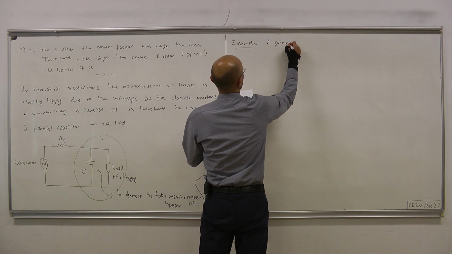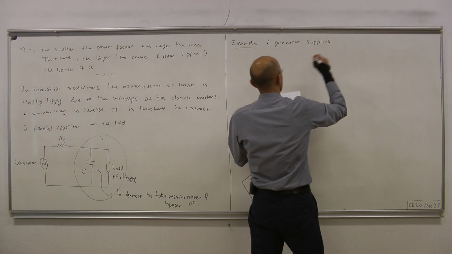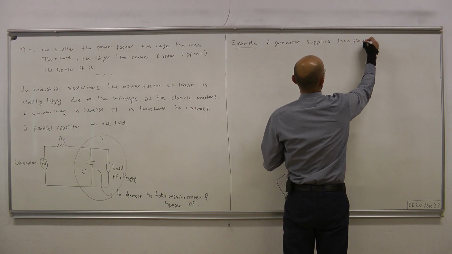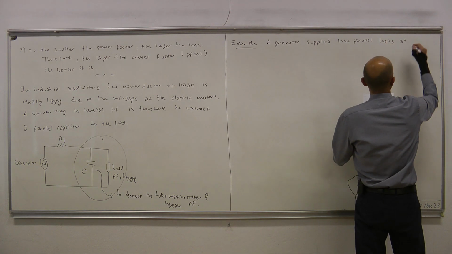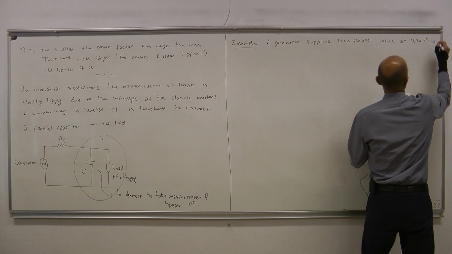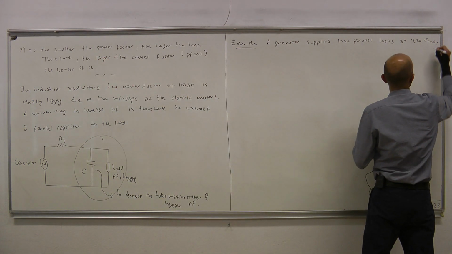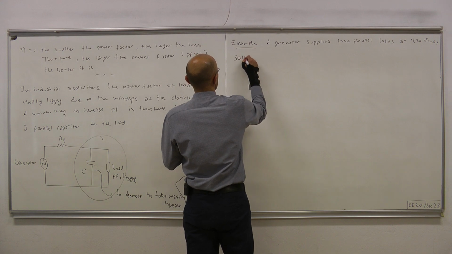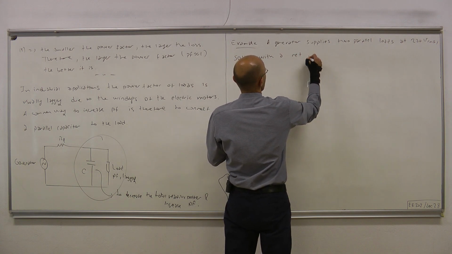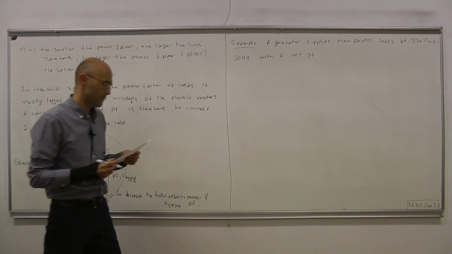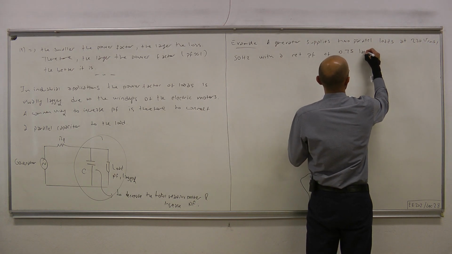We have a generator that supplies two parallel loads at a fixed voltage, effective voltage of 220 volts RMS with frequency 50 hertz, and with a net or effective power factor of 3/4 lagging.